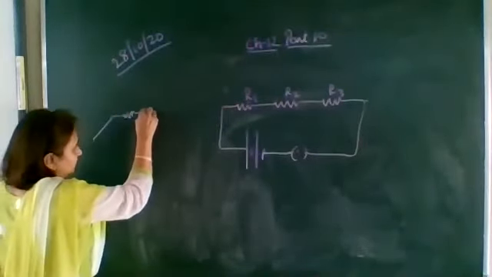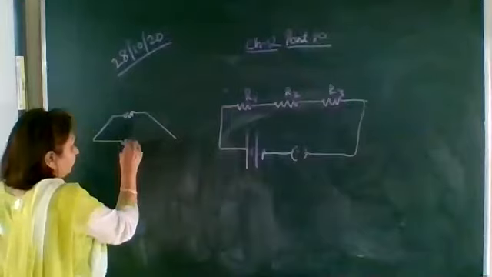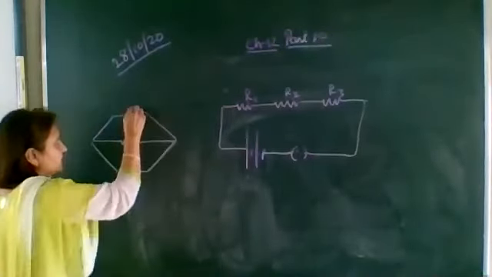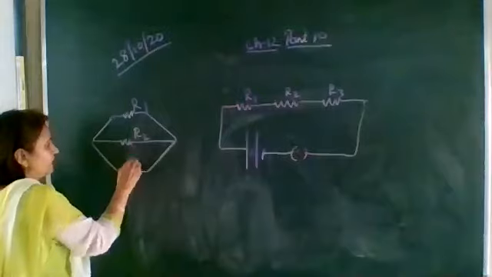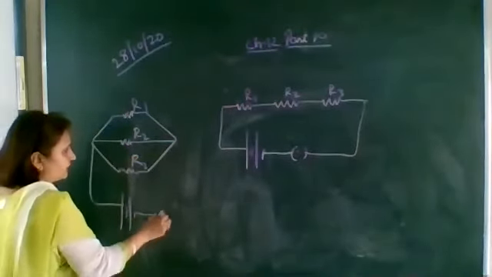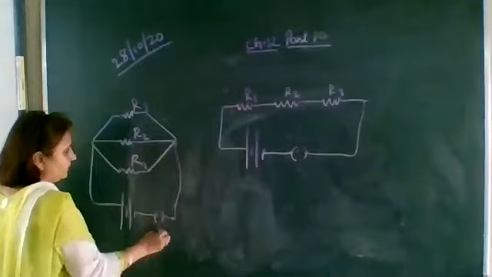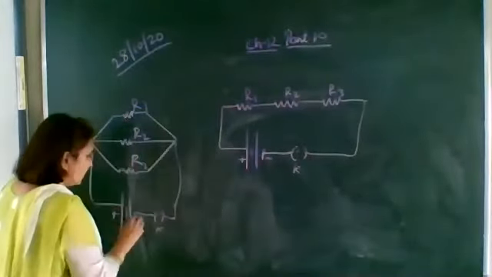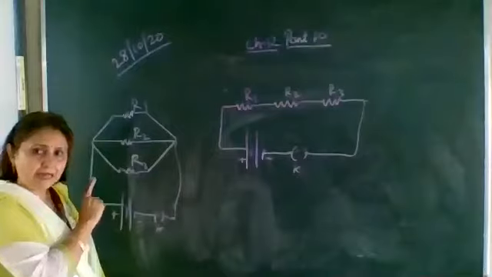If they are connected in this manner, the same three resistors of resistances R1, R2 and R3 connected to a battery and a key, then such a combination is said to be a parallel combination.